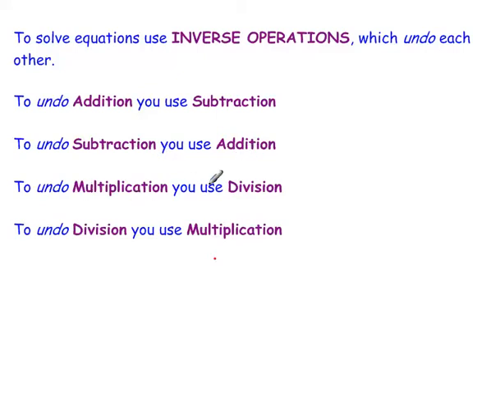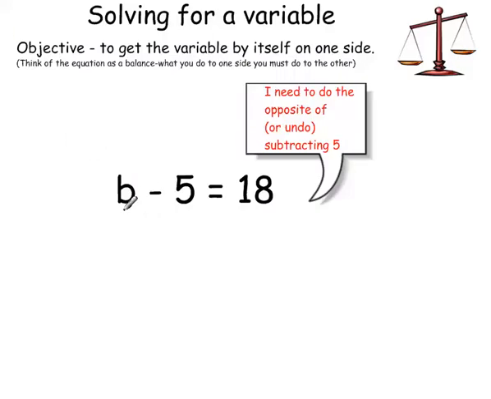If I want to undo multiplication, I would divide. And finally, if I want to undo division, I would multiply. So you see how they're opposites of each other. Addition and subtraction are opposites. Multiplication and division are opposites. All right, so let's do some examples, and I think it'll make a little bit more sense.